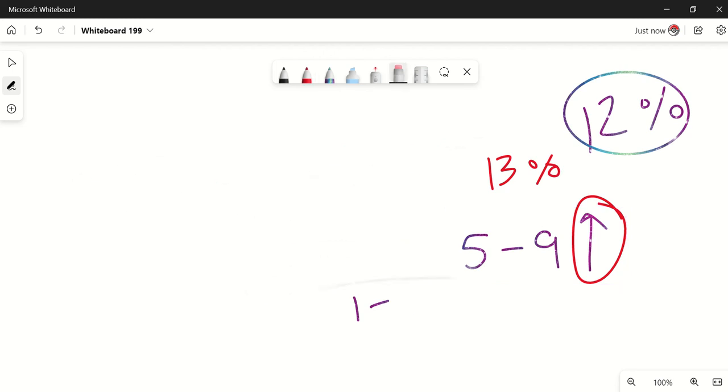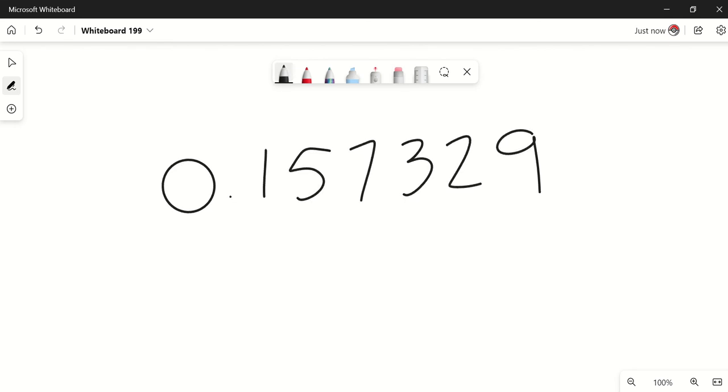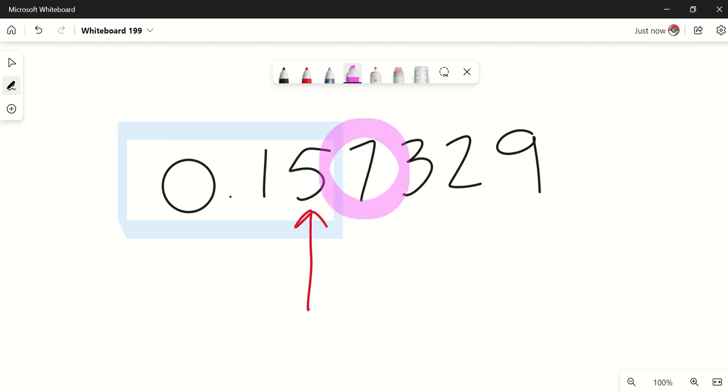The same can be said if there's a bunch of digits. So let's just pick a random one, 0.157329. Again, I'm only focusing on the hundredth spot, and then I am also looking at the thousandth spot, because the thousandth spot is going to tell me if I round up or down.